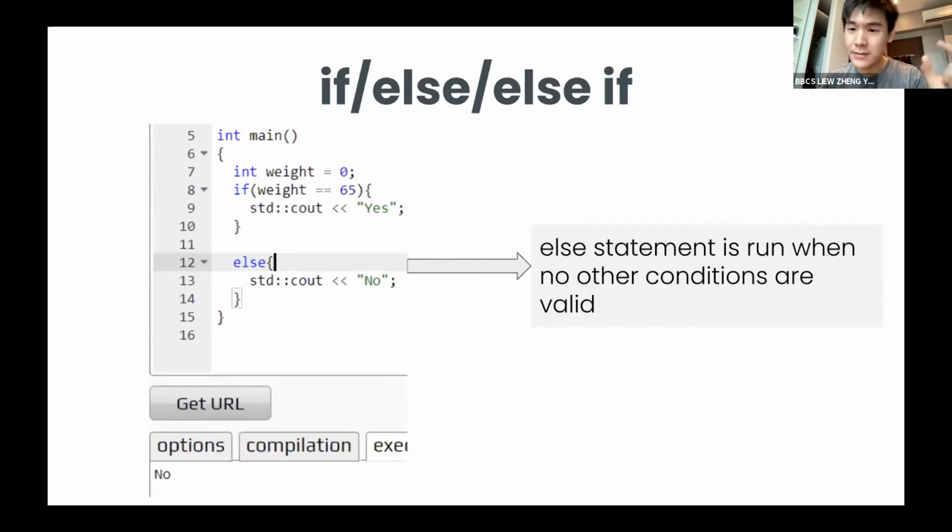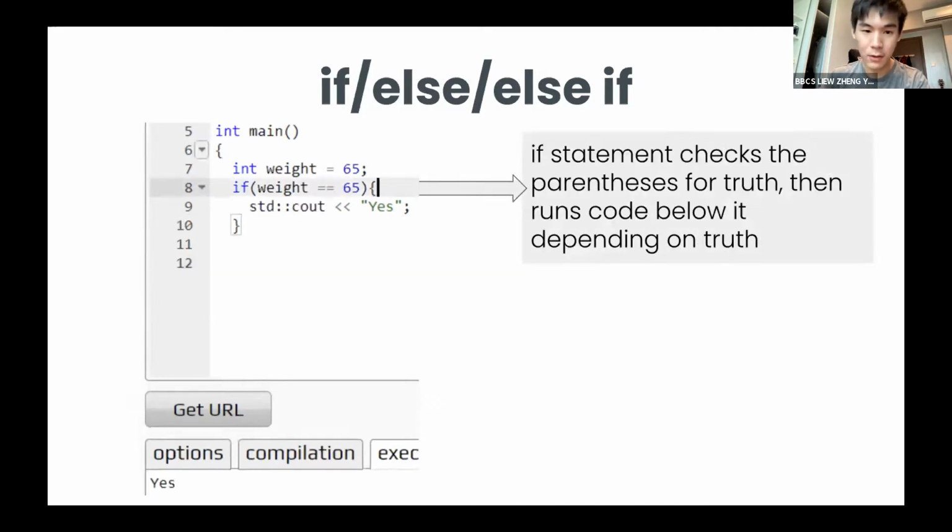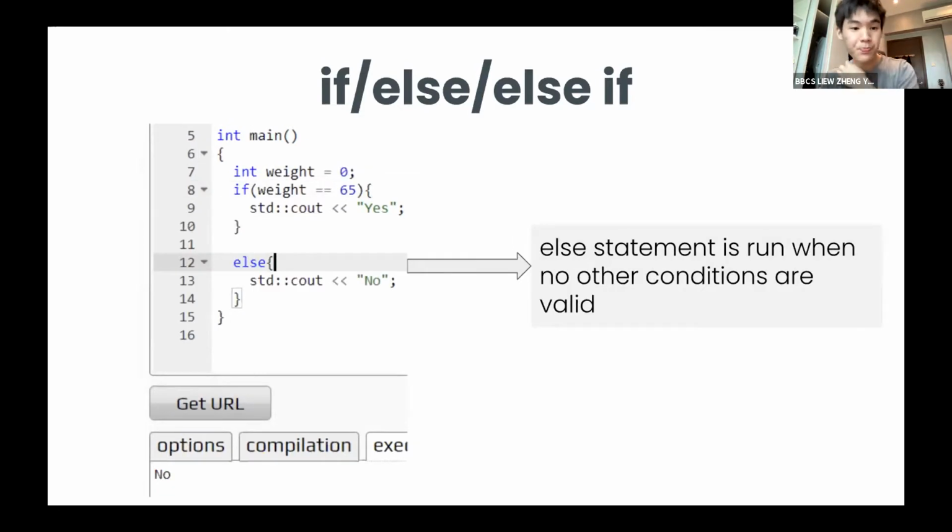So it skips the if conditional, goes to the else conditional and outputs no, because it recognizes that this isn't 65, which is what the if conditional will output if it had been, like over here in this previous example.